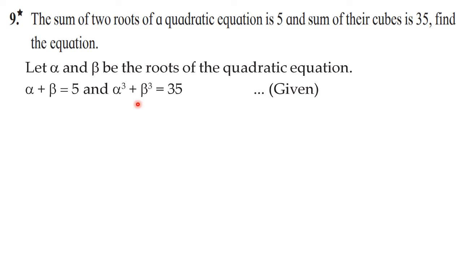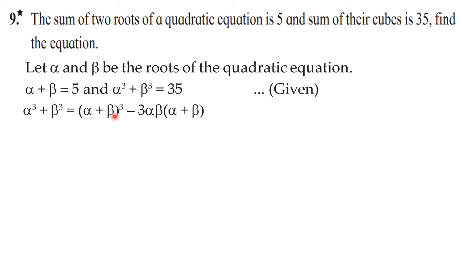You can change it. So, the same identity, we can write it like this. Just recall this identity: (a plus b) the whole cube. Here in place of a, alpha is there, and in place of b, beta is there. So, (alpha plus beta) the whole cube, how are you writing it?